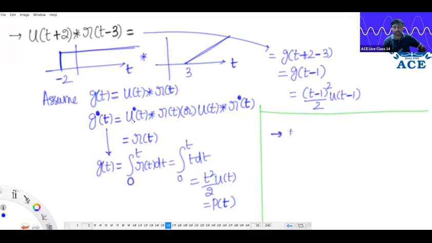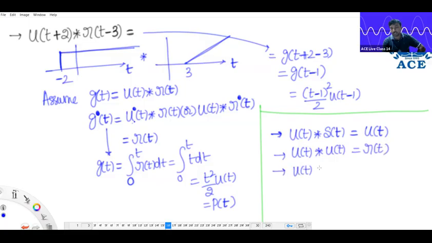Actually, what I have done in the last 10 slides is, observe here, u(t) convolved impulse is step function. u(t) convolved u(t) is ramp signal. In this last example, u(t) convolved ramp is parabolic signal.